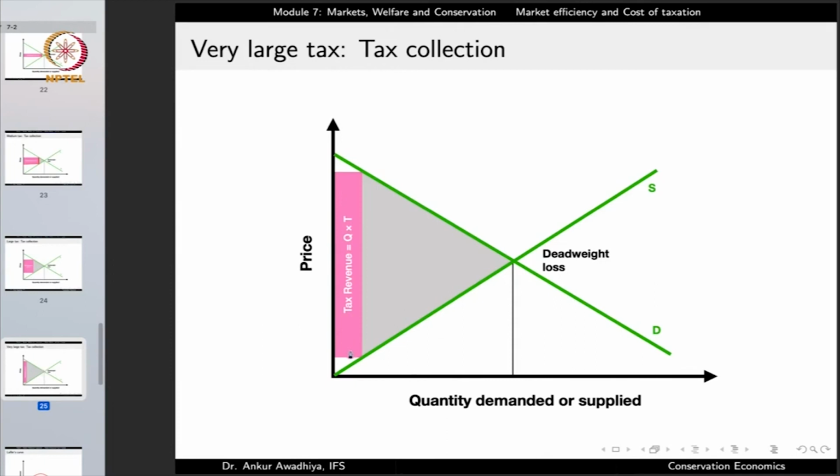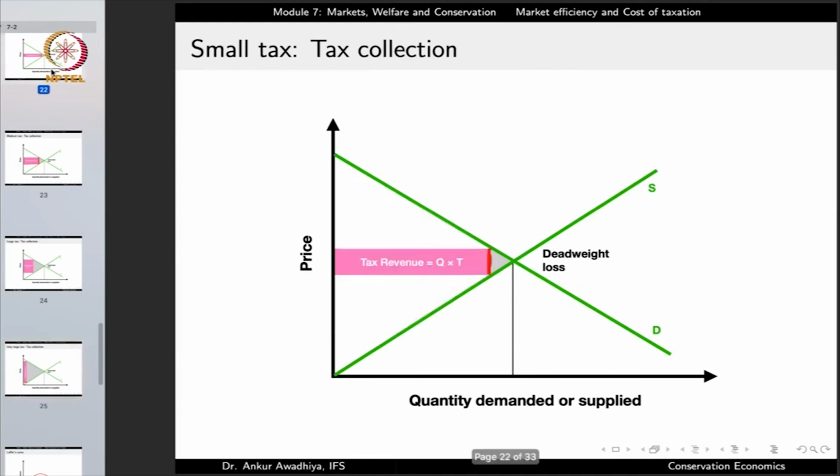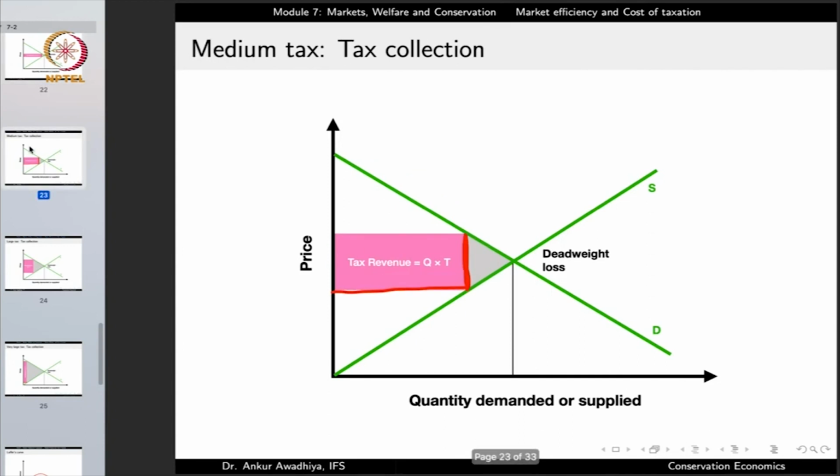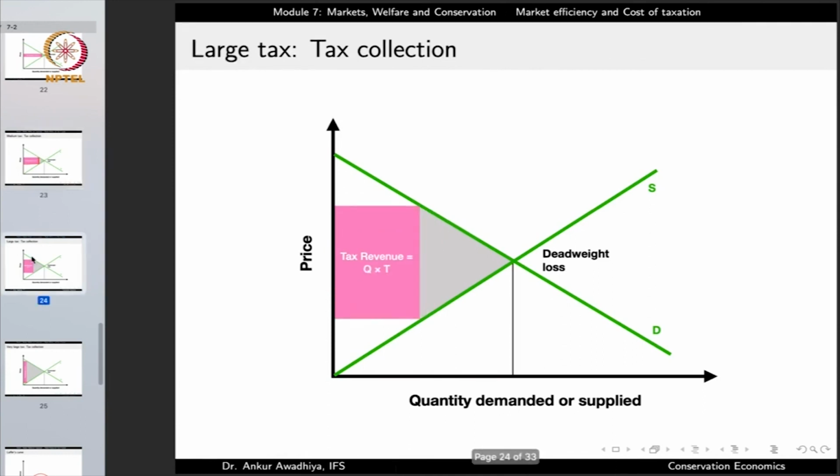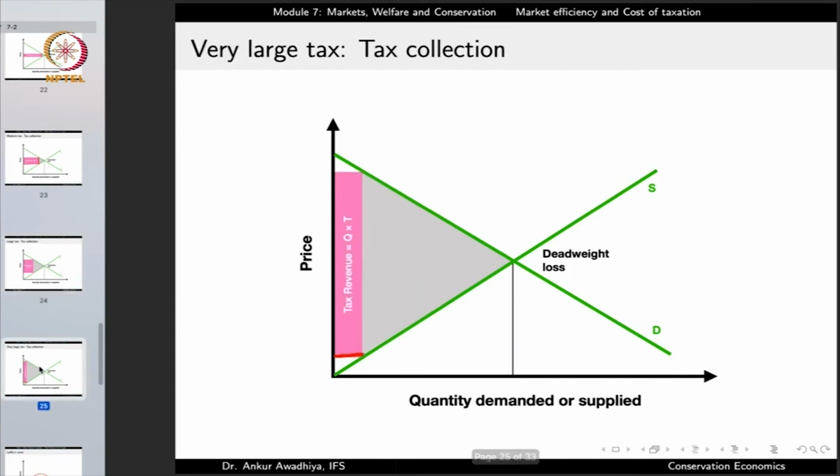So now Q is only this much, and the quantum of tax collected is given by the area of this pink colored rectangle. So what we are observing here is that this rectangle now has a very small area. So we started with a small tax size where we had a small tax revenue. Then the tax revenue increased when T is increased. Then it reaches a maximum and then it starts to decrease.